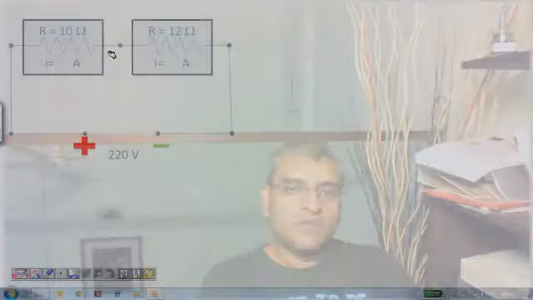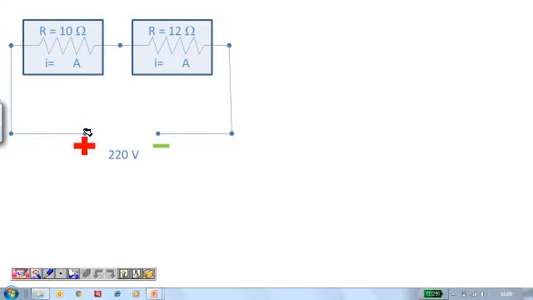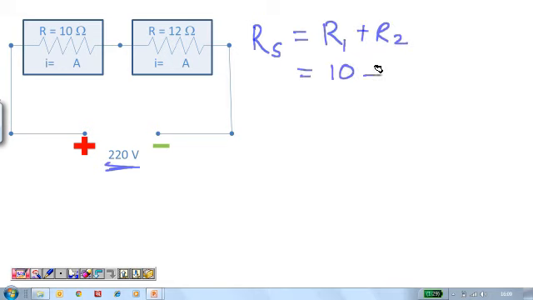We have a circuit where the voltage is 220 volts and we want to find out the current going through this resistor and this resistor. This is obviously something in series, so resistance in series would be equal to R1 plus R2, which is 10 plus 12, equal to 22 ohms.